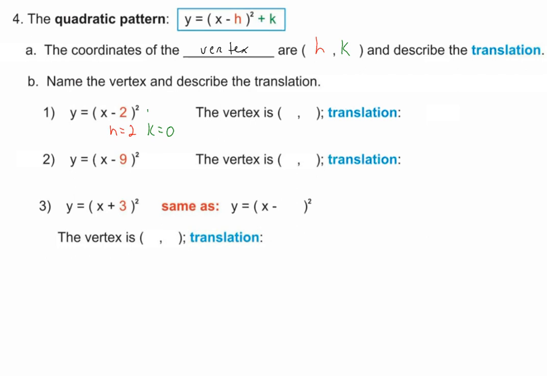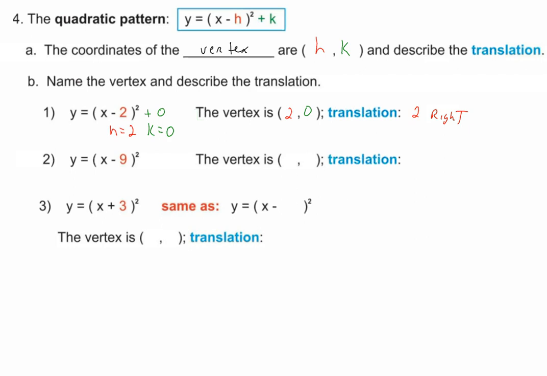We could have written this function plus 0. We don't bother to write plus zeros. We understand that the k is 0. All right, so the vertex is at 2, 0. So this translation, the 2, remember the 2 is the horizontal translation and it's positive. So this is translated 2 to the right and nothing up or down. So just 2 right.